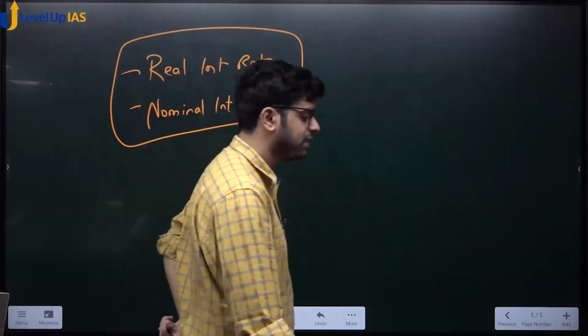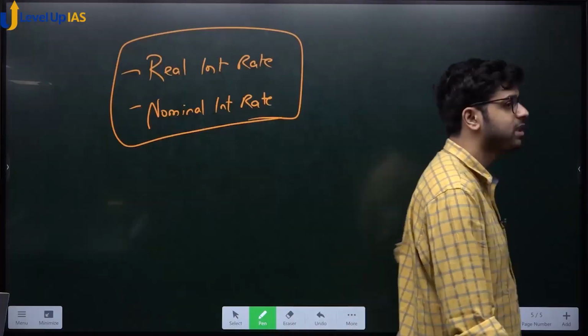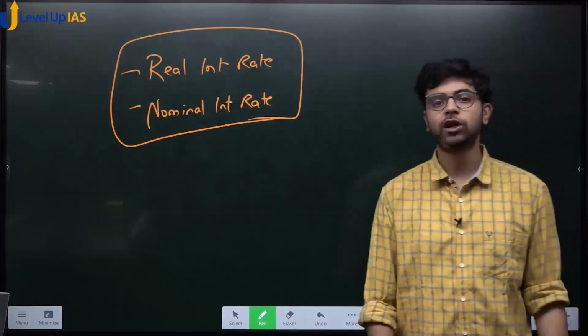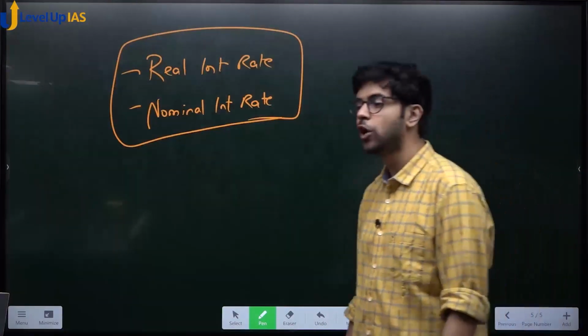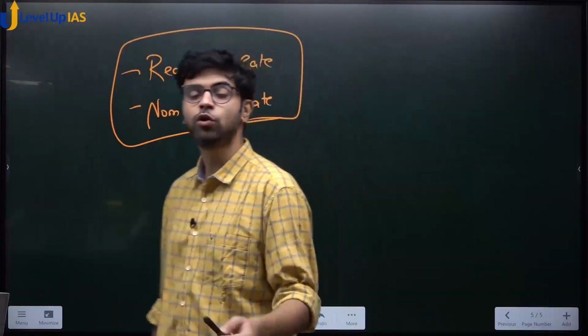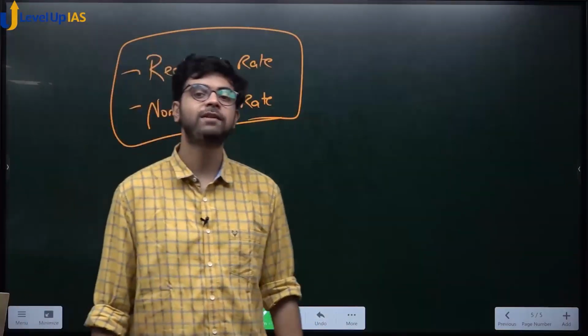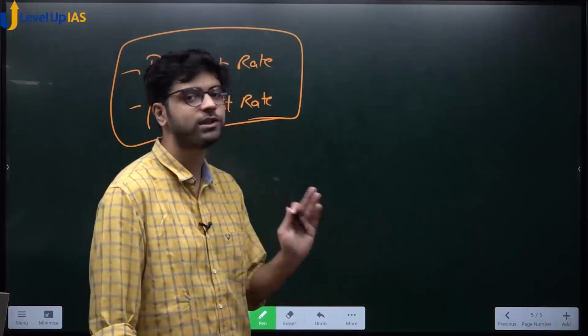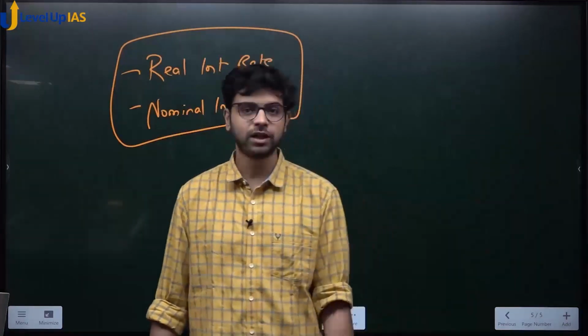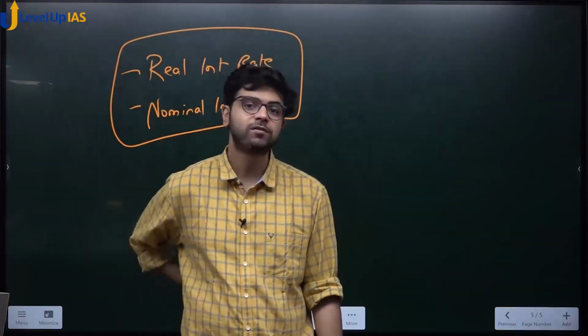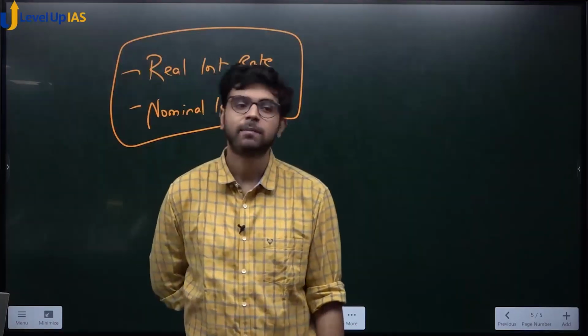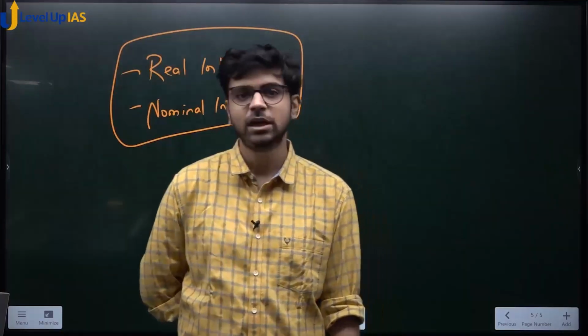What happens in inflation? Your purchasing power reduces. Your value of money reduces. Today, if you are earning 50,000 rupees and 10 years ago you were earning 50,000 rupees, you tell which is better. 10 years ago 50,000 earning was better because that time prices were so low that you could buy almost everything. But today in 50,000 per month you cannot buy a lot of things, right?